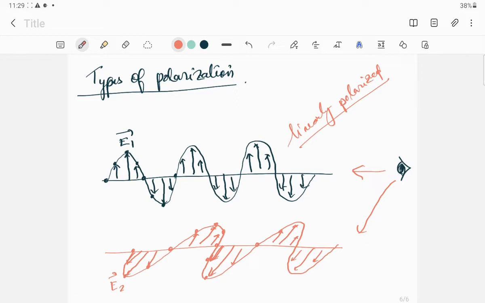They are totally different. Now another thing I will do: I will introduce a phase difference, or a gap, of 90 degrees between them, and then consider both of them incident on the observer together. Then what will be the combined picture? Let me draw that. The combined picture is going to be very interesting. This is the E1.